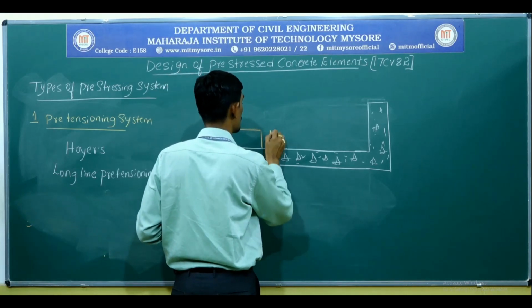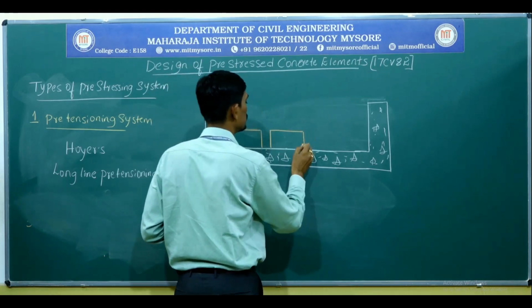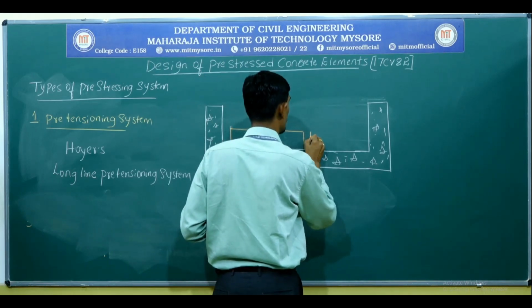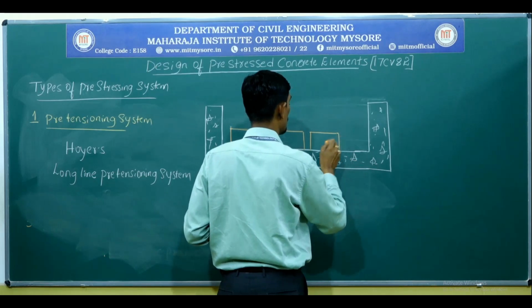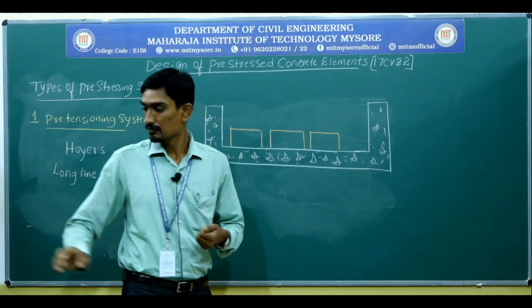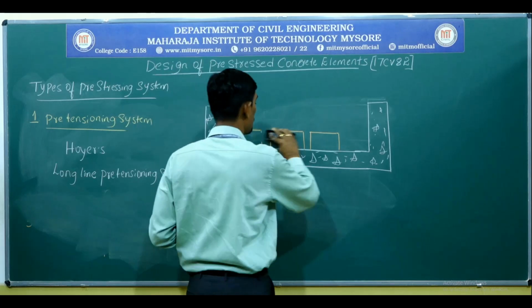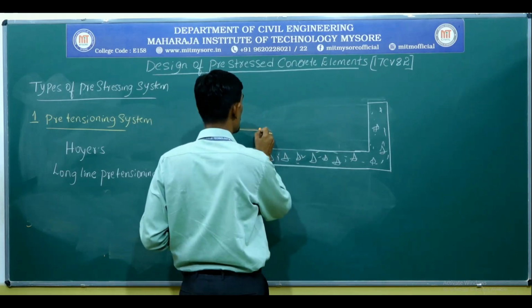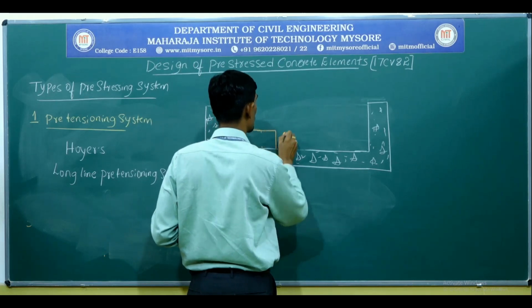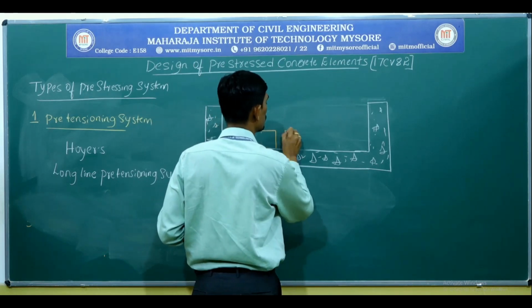Number 1, number 2, number 3, like that. I can draw a pre-tensioning system. So three moulds I can draw properly, with this space.